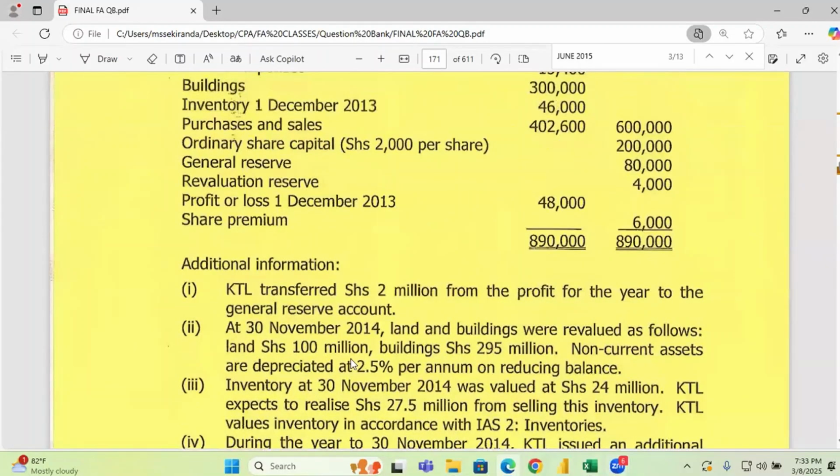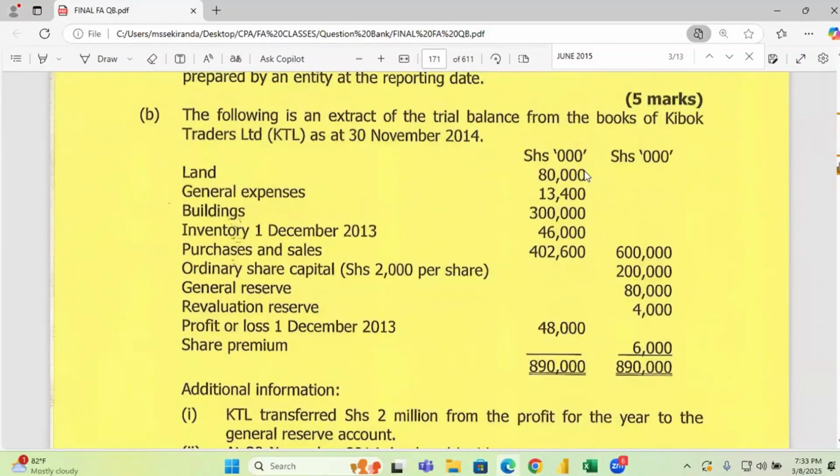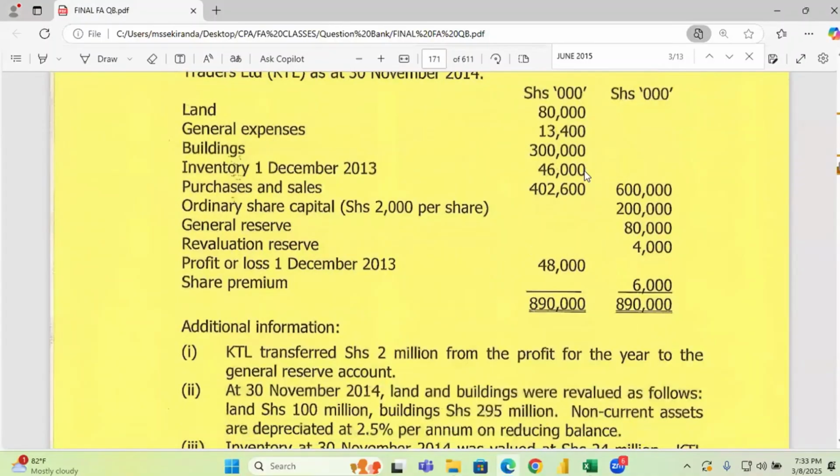Land is being revalued to 100 million. The question is, what was the previous value of land? You go up here, we see land was at 80 million, but now it is being revalued at 100 million.